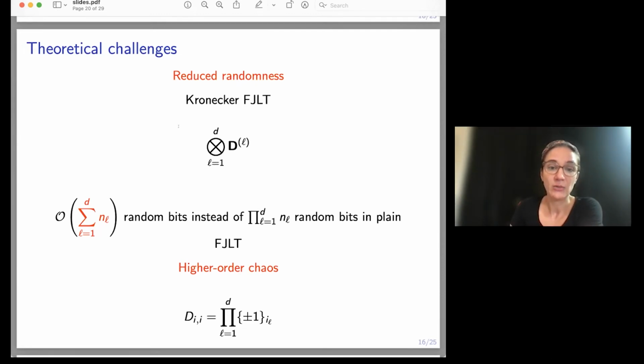But the structure here suggests that the method to analyze this is through higher order chaos, which is a very well established area of high dimensional geometry and probability for analyzing random structures where we have Kronecker products of independent Rademacher sequences.